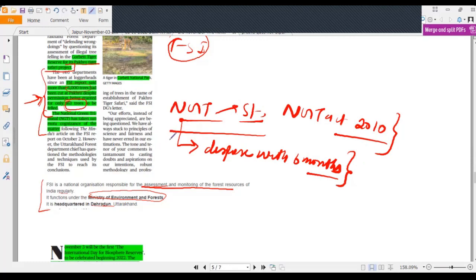And further, it consists of chairman plus judicial and expert members both.